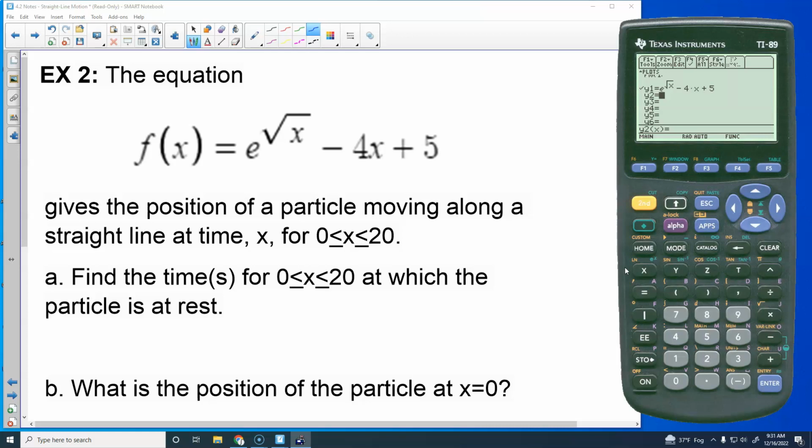We could do that one by hand, I think, but we're going to use a calculator because I'm mostly concerned with the concept.